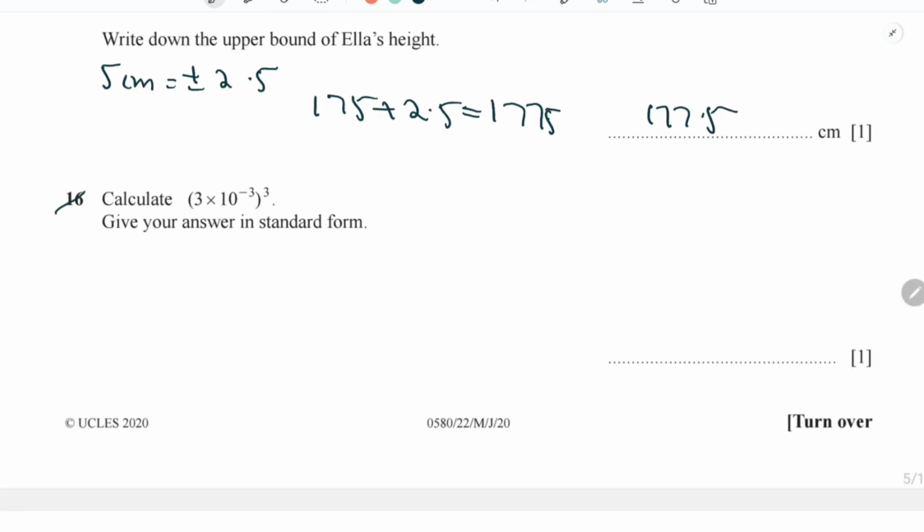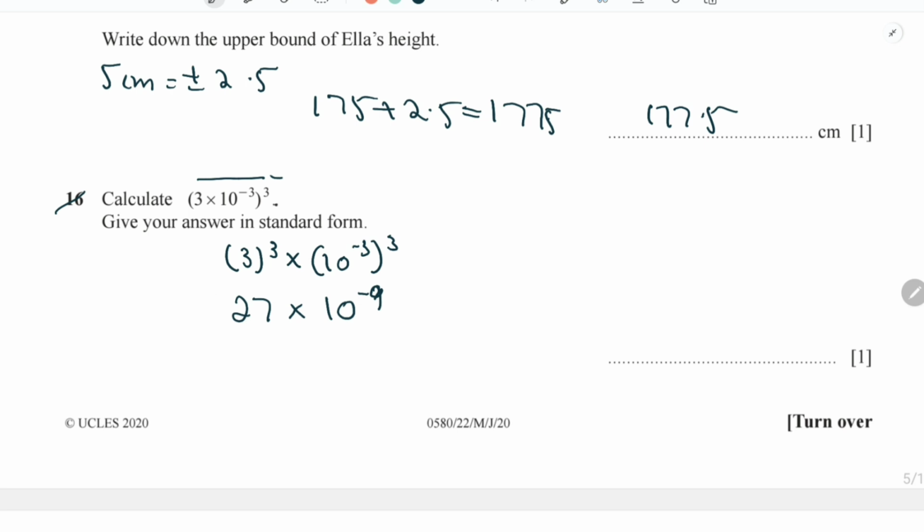We have question number 16. Calculate 3 times 10 exponent negative 3, all to the exponent 3. So first step, we split the exponents. So 3 exponent 3 and 10 exponent negative 3 exponent 3. Now 3 exponent 3 equals 27, and we multiply the exponents, so we get 10 exponent negative 9, right? 3 times 3, that is 9.